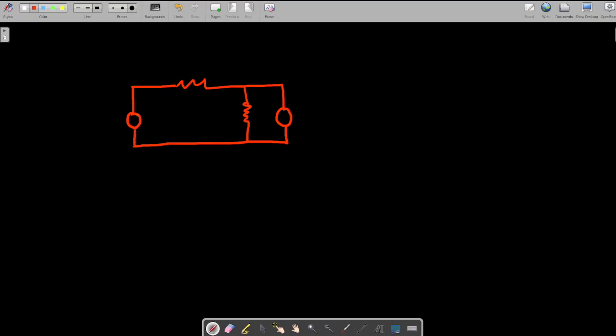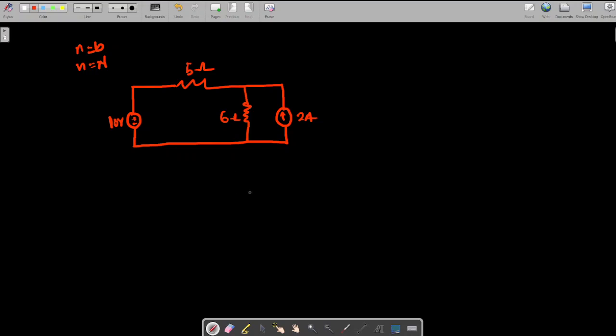This is positive, this is negative. So we have this place to be 10 volts, and here is 5 ohms, and this is 6 ohms, and we have a current of 2 ampere. Now, the question states that we should find the numbers of branch and the numbers of node.